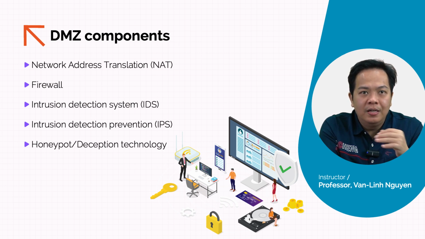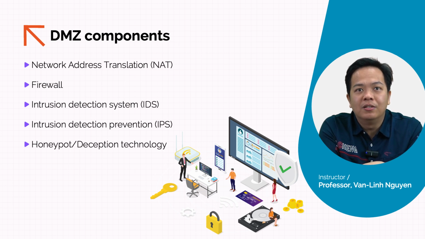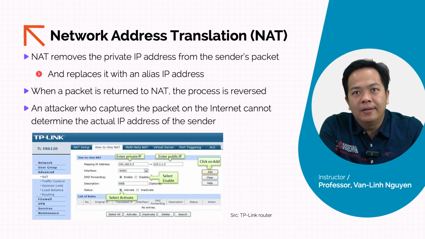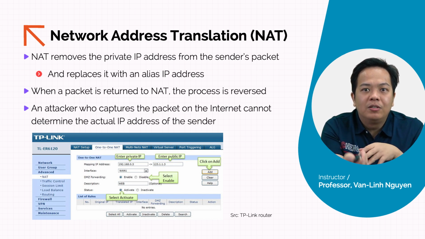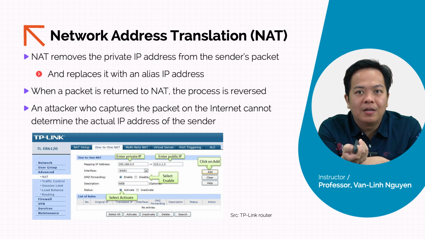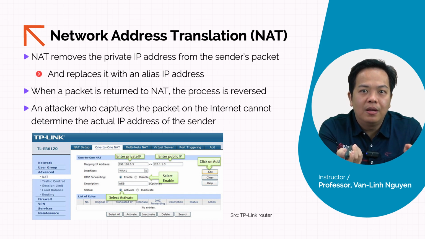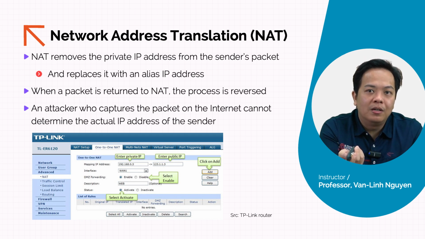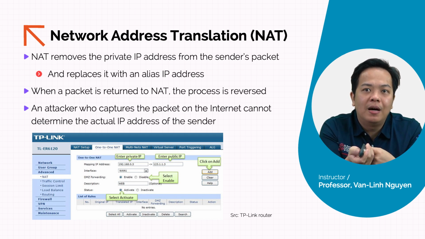We already learned about IDS, IPS, and firewall before, and today I will introduce network address translation and the honeypot. Network address translation is popular for IPv4. It removes the private network addresses and replaces them with the public IP from the router. If you see on the screen, you can place one server in a private network with a private IP, and the server's traffic goes through a public IP.